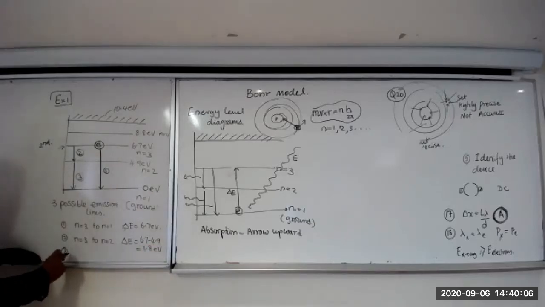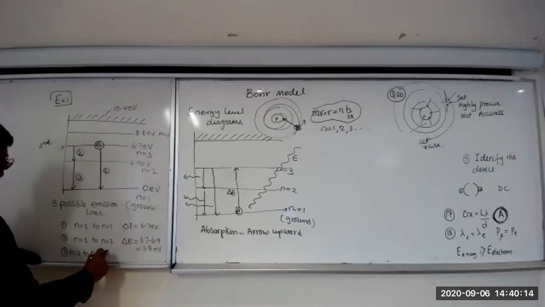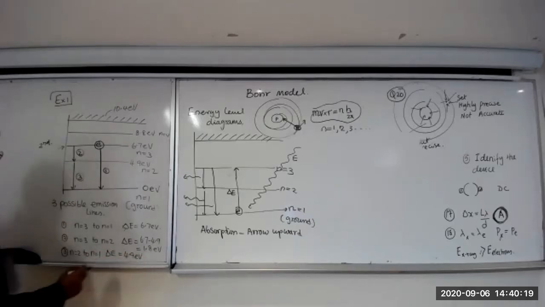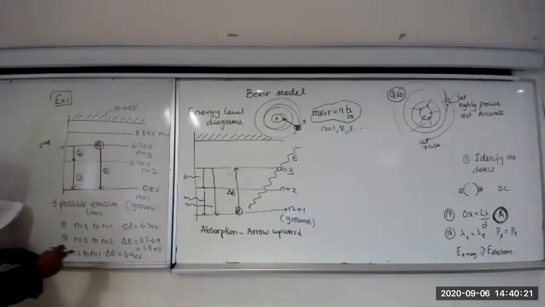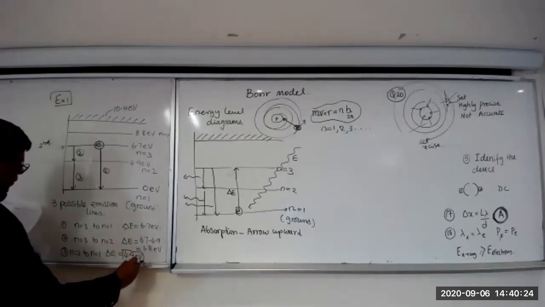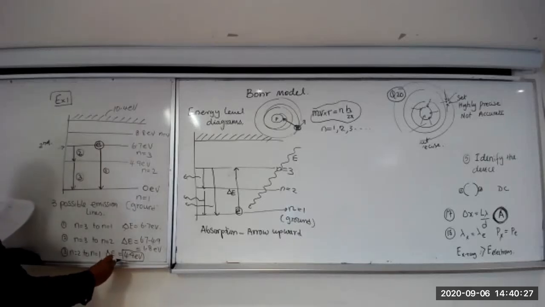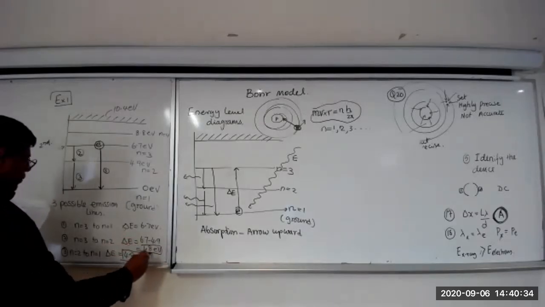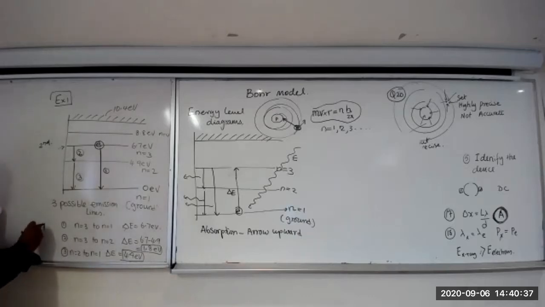The third one, n equals 2 to n equals 1, that's going to be 4.9. Now look at your answers and pick the right answer. So you have 4.9 there, and then there is no 8.8. There is no 2.1. 1.8 is there. The answers are B and D.